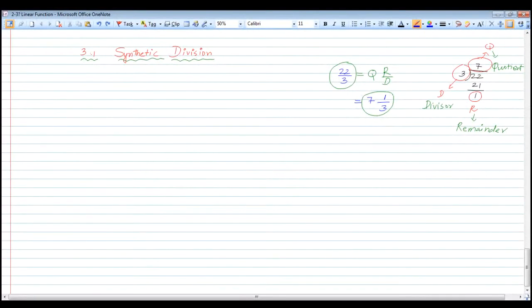See here, if I use synthetic division to divide the polynomial p of x, given by 4x power 3 minus 5x square plus 6x minus 7, and it is divided by x minus 2.